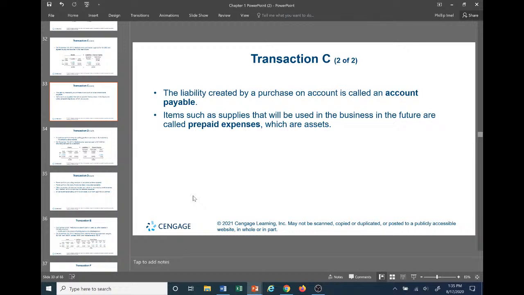So anytime you prepay an expense in which you have not actually used that expense up, it's an asset because you've prepaid for it. So that's what a prepaid expense is. It's related to buying a ticket to a sporting event. Until you've actually gone to that sporting event, you have an asset. Even though it's an actual expense, it's a prepaid expense.